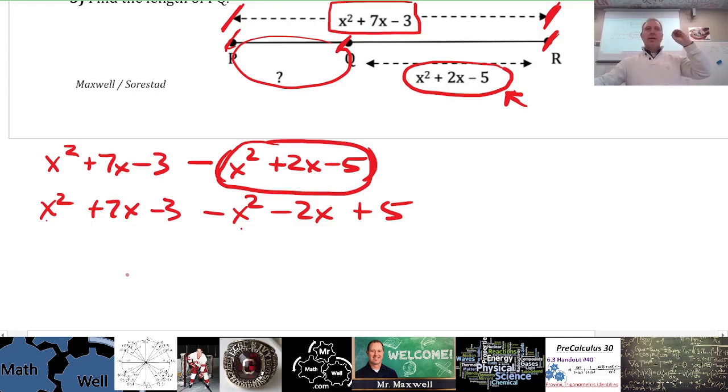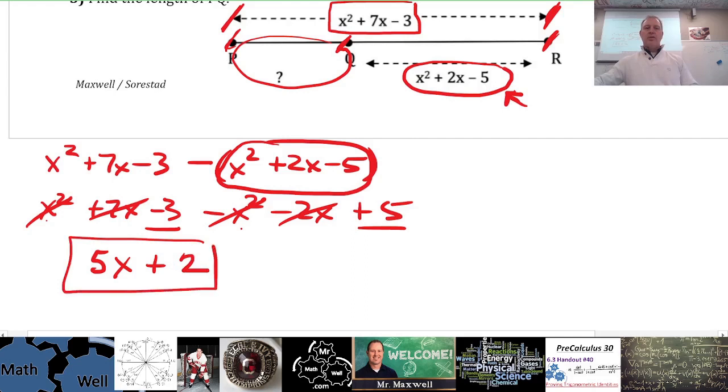You do not have to write this 0x squared down. You can just leave it blank. It's 0, it's nothing. So no x squareds to write down. 7x minus 2x is 5x. Those are gone. And negative 3 plus 5 is plus 2.